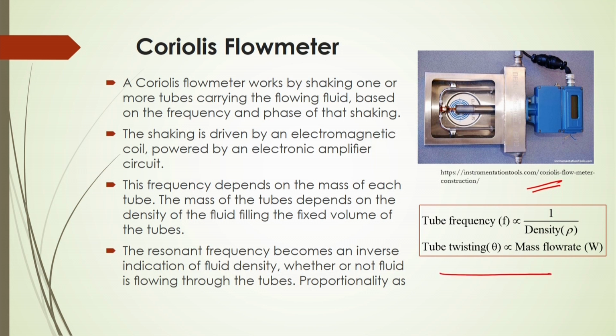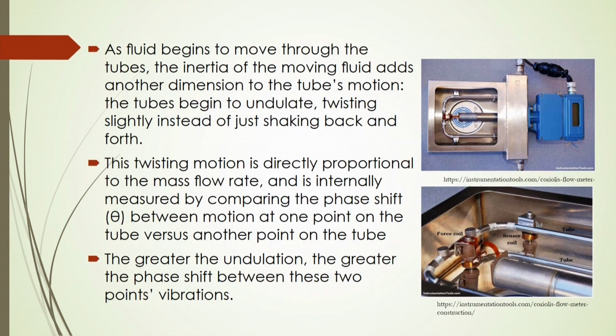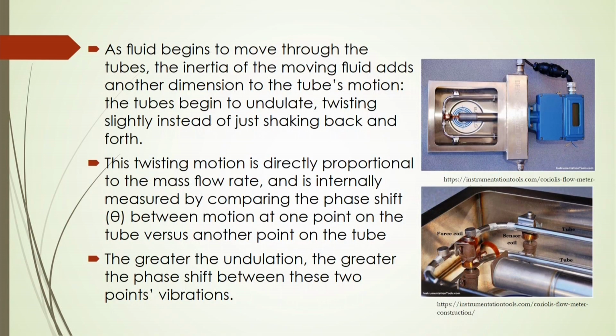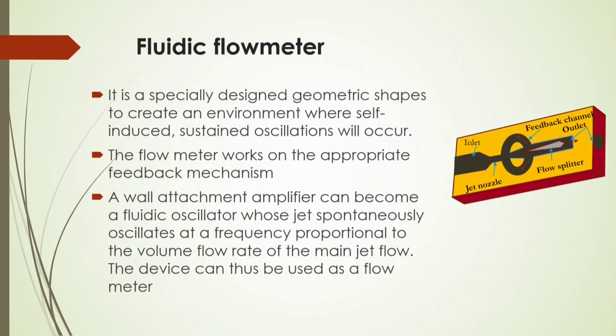So, the mass flow rate is actually proportional to the tube twisting, because the inertia force is important whenever the fluid is moving, and it adds a dimension to the tube's motion. Nowadays, another flow meter, called the fluidic flow meter, is coming into the literature and is being developed.